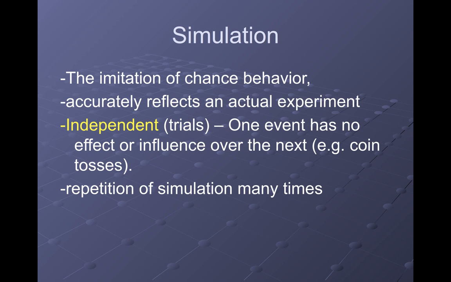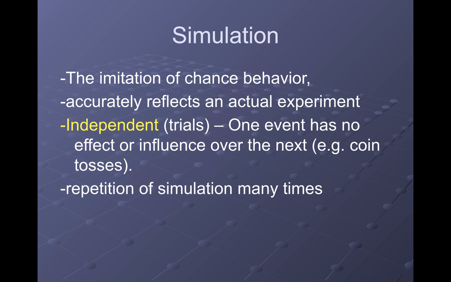So there are many ways you could do a simulation. If you have a situation that's 50-50, you could do coin tosses. If you have a situation that has 6 possible outcomes, you could roll a die.